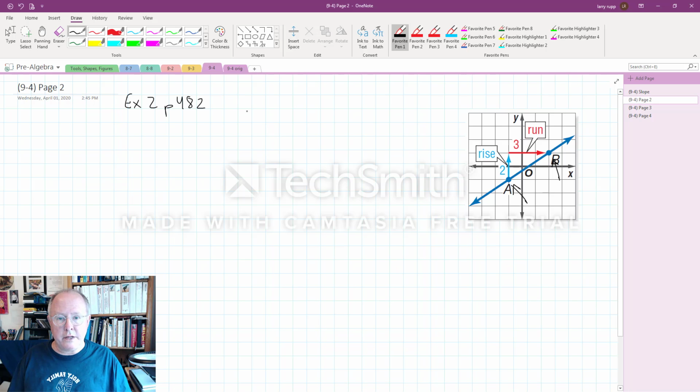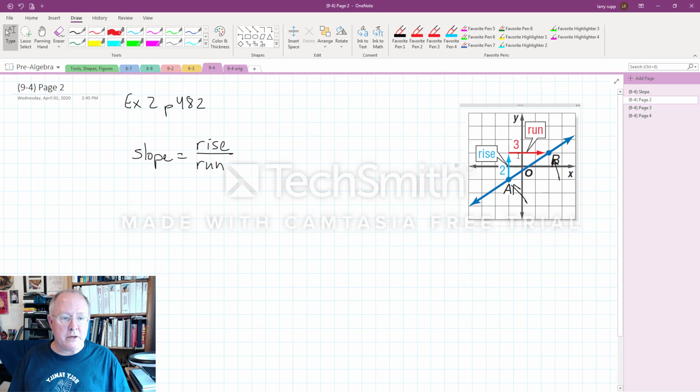Again, our slope equation is the rise over the run. Now, what is the rise? Well, we look at point A and ask, what do we need to do to get to point B? We need to go up 1, 2. We need to rise 2.